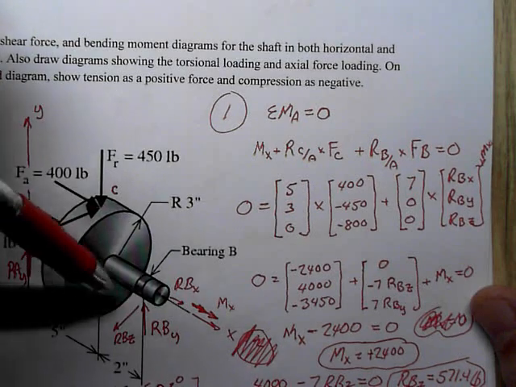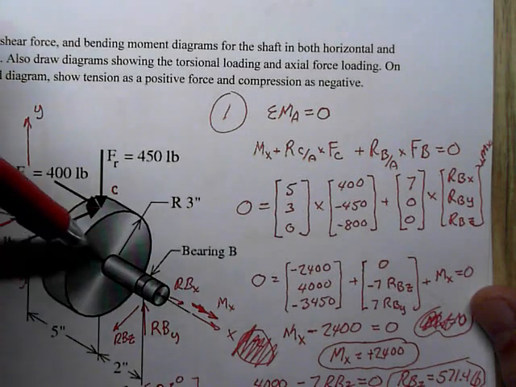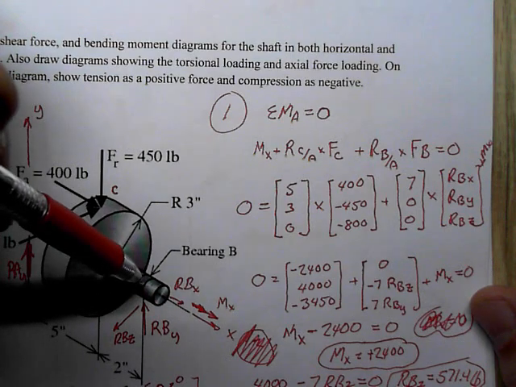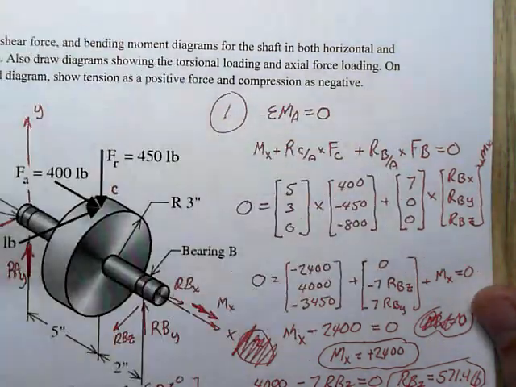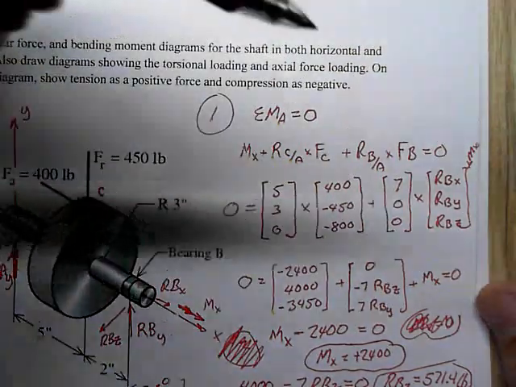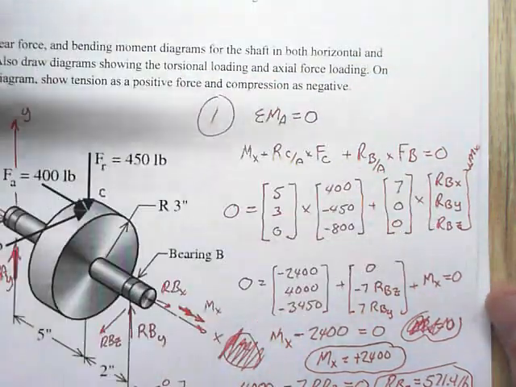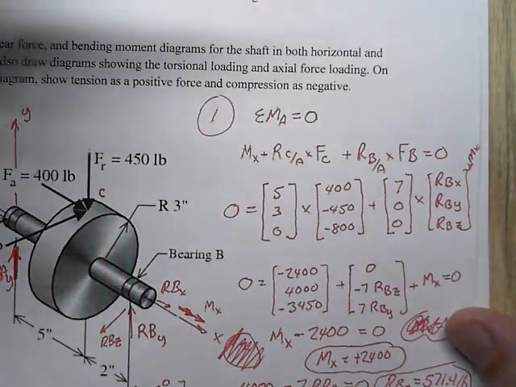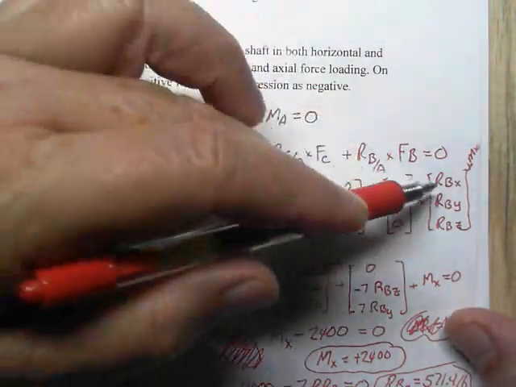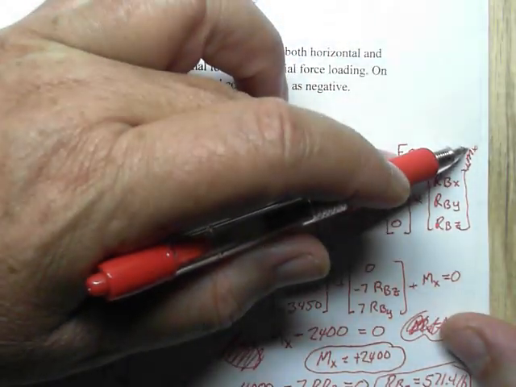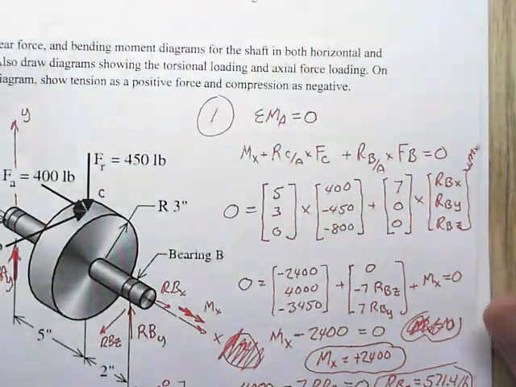The moments at B have a radius vector of 7 in X, 0 in Y, 0 in Z, multiplied by RBX, RBY, RBZ. I'm presuming all of these reactions point in the positive direction, otherwise I'd have to put some sign components on here, plus that moment, which is just an X component only.